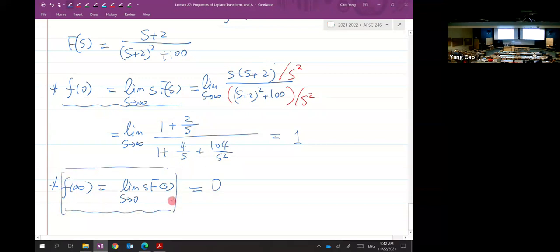These two here are the so-called initial value and final value theorems. You might think they're redundant. You can think, why do we want to do this? Because if I have a function f of t, why don't we just get it in the time domain?